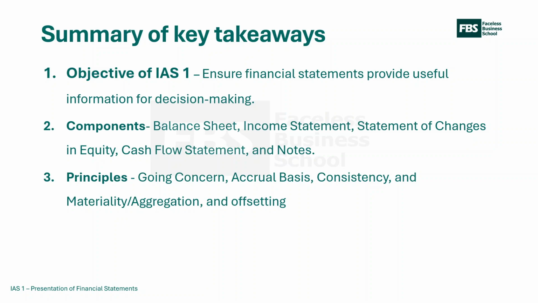We also discussed key principles and assumptions that are used in the preparation of financial statements, and these included going concern, accrual basis, consistency, materiality and aggregation, and offsetting. IAS 1 helps in presenting financial information clearly and consistently, ensuring transparency and comparability across companies.